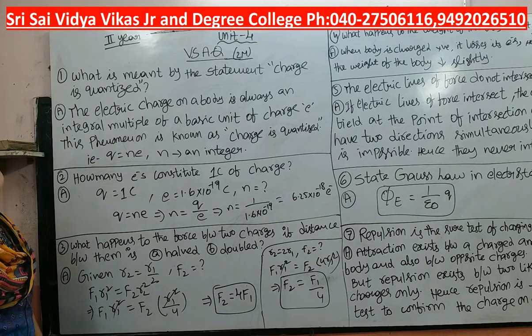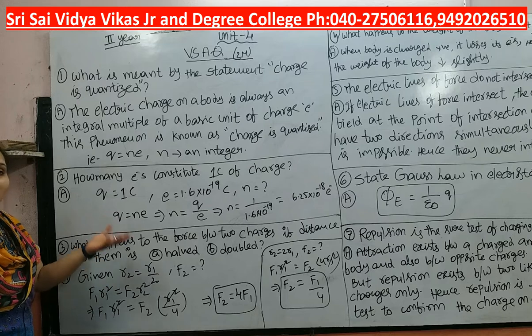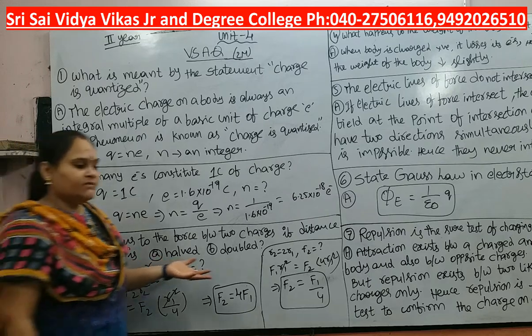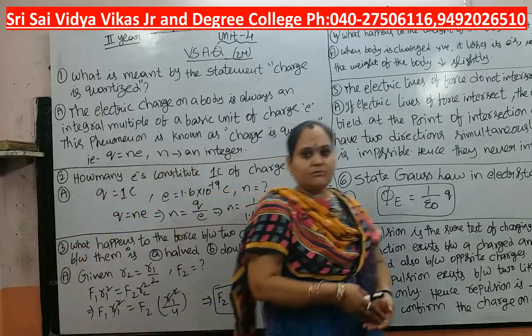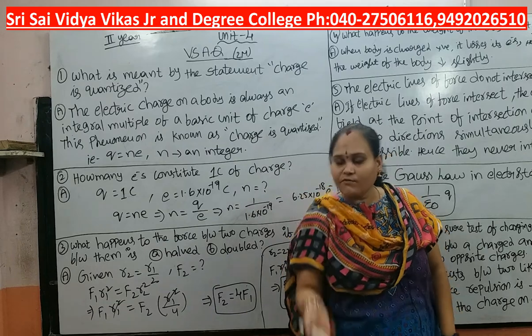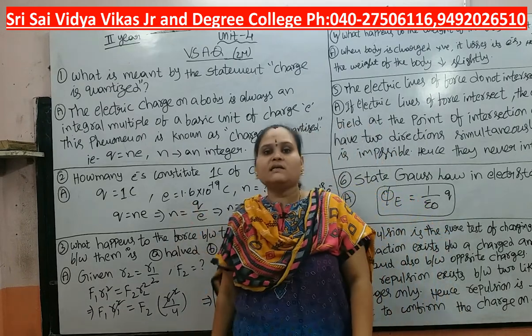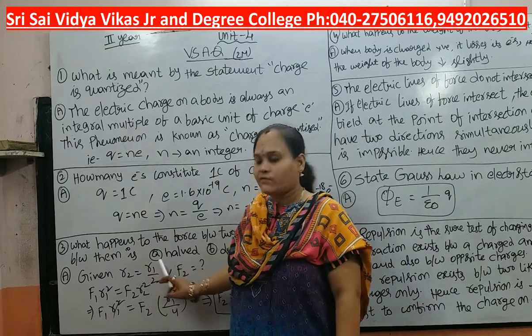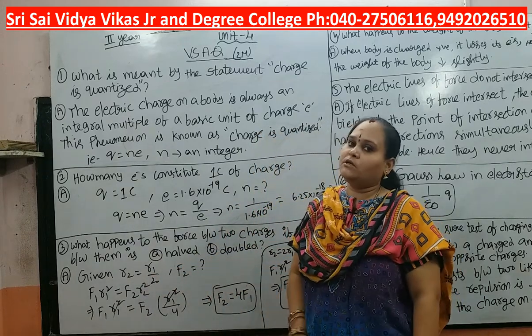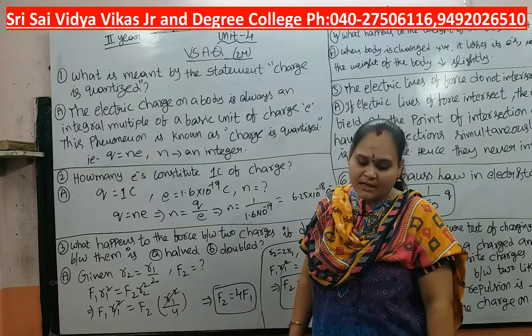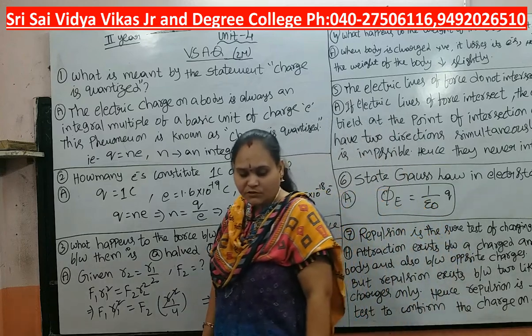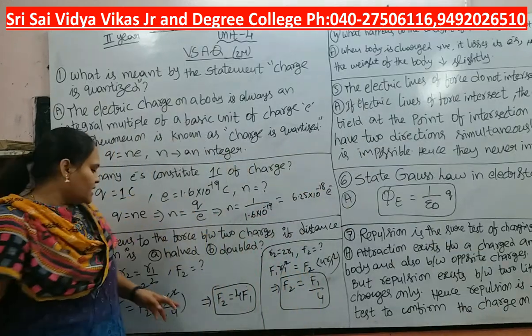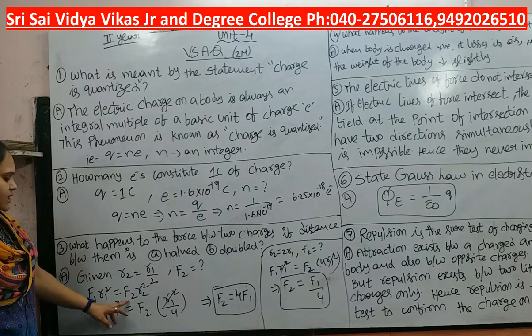Next, what happens to the force between two charges if the distance between them is halved or doubled? First we consider the distance is halved, that means R2 equal to R1 by 2, and we find F2. We have the formula F1 R1 square equal to F2 R2 square.